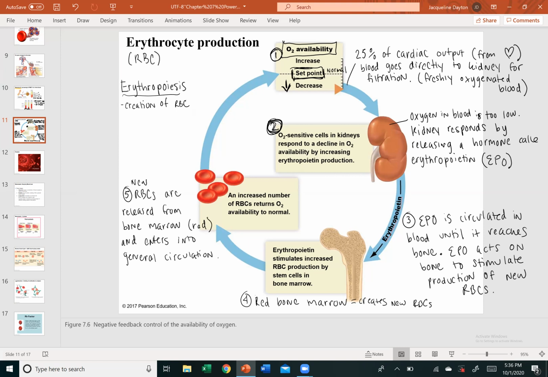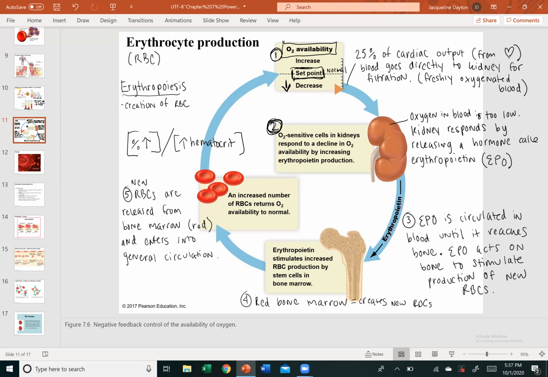Once those red blood cells enter into general circulation, they start that pathway of going to the lungs to pick up oxygen, and then back to the heart, and then to the rest of the body to get circulated, okay? So once this hematocrit, or percentage of red blood cells, effectively increases due to the creation of new red blood cells, you can also think of it as increasing hematocrit.